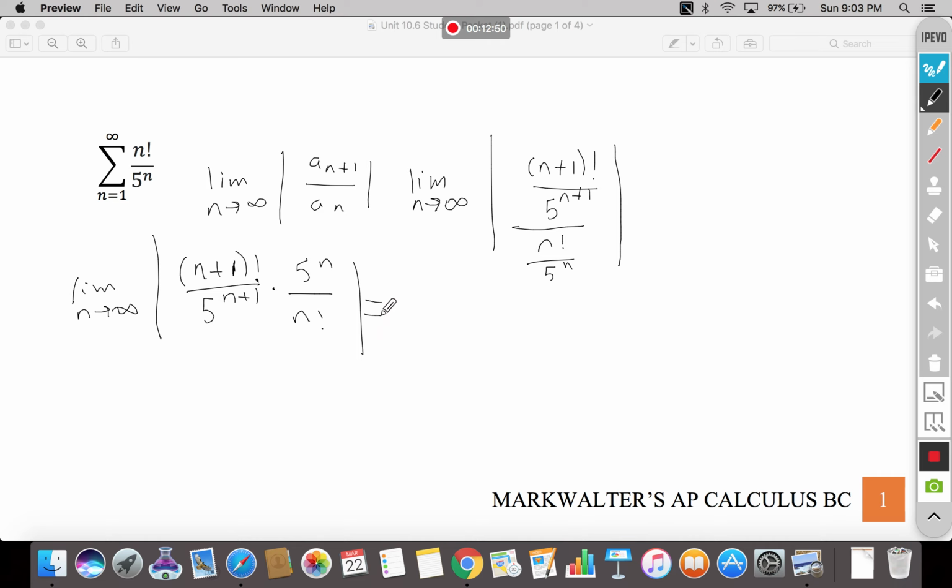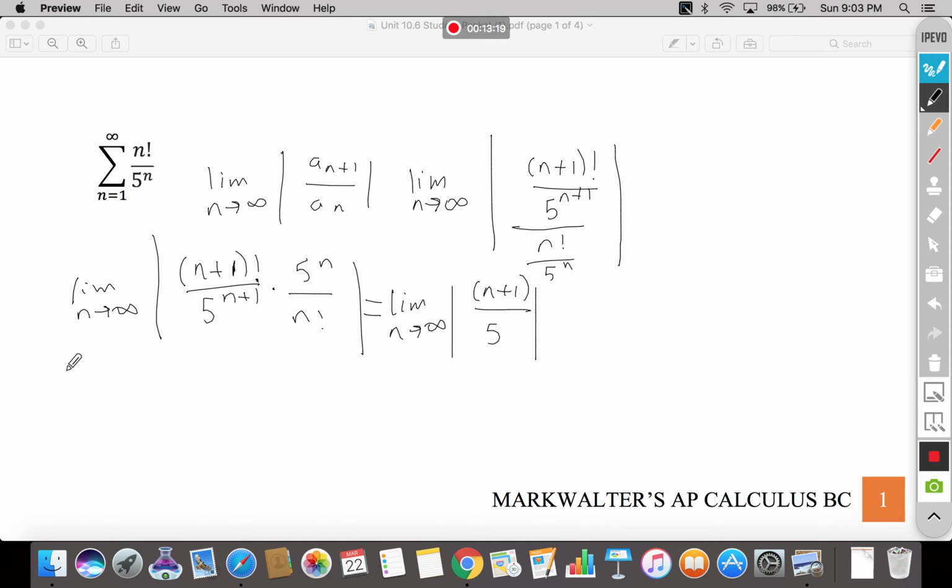All right. So this is going to be equal to the limit as n approaches infinity of the absolute value of n plus 1 over 5. How did I get that? If I take n plus 1 factorial, I could break it out over here if you want to think of it this way.